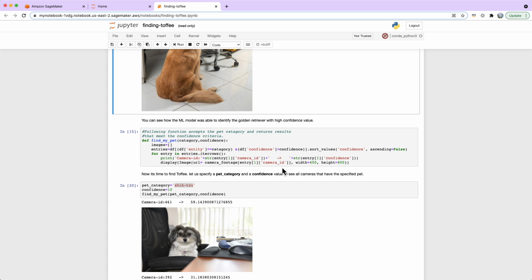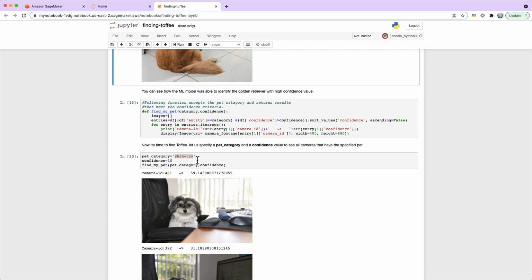Similarly, you executed this particular cell in order to create a function which accepts a category and also a confidence criteria, and as long as the animal found in the picture is above a specific confidence value, that animal's picture would be returned.